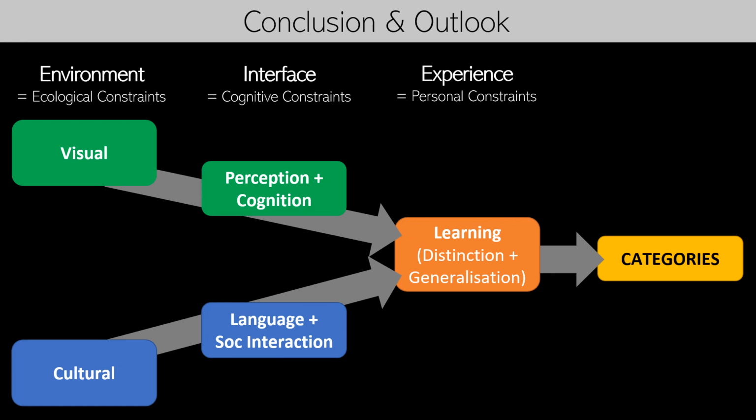And similarly, social interaction defines which options are available to denote colors with communicative efficiency. General mechanisms of learning allow us to generalize the use of color names across many colors based on our everyday life experience. This generalization would then result in color categories.